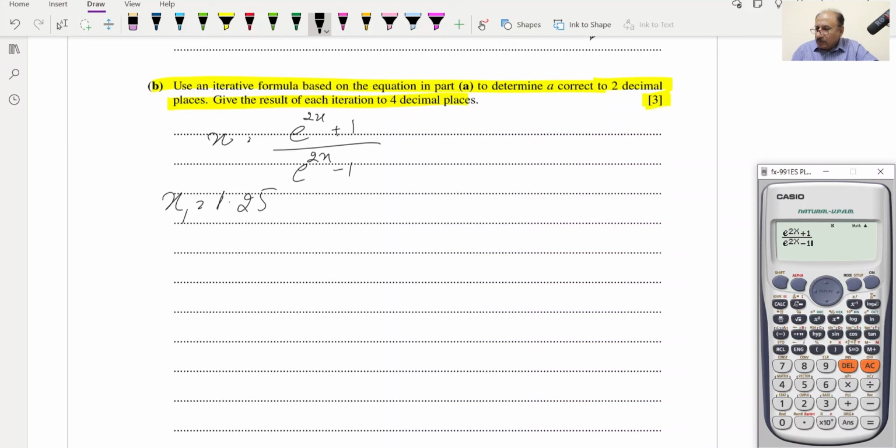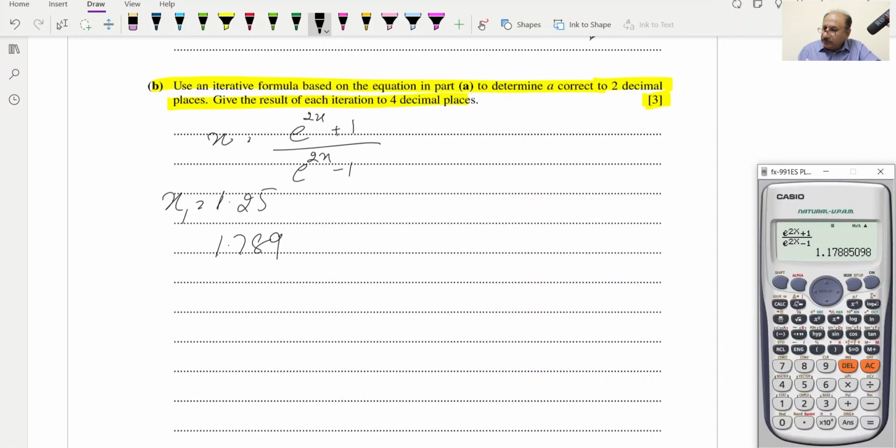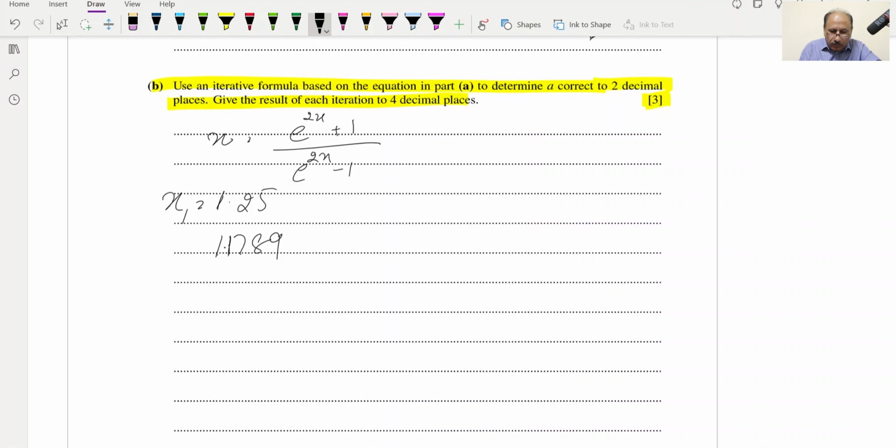Now we can calculate for 1.25, and we will get 1.1789, up to 4 decimal places as we have to take.